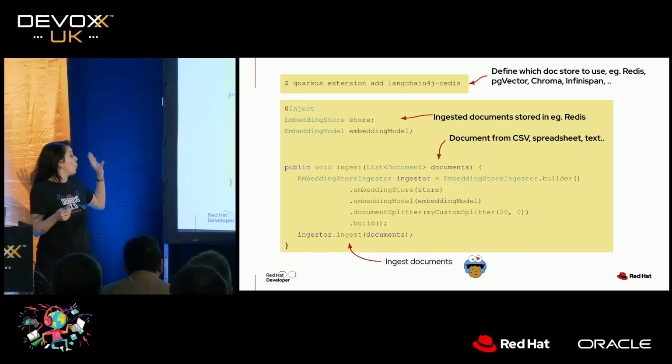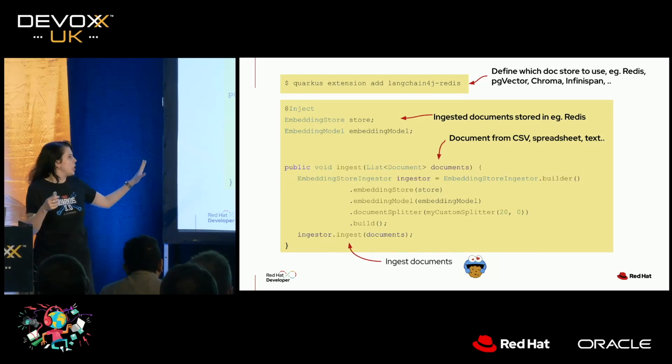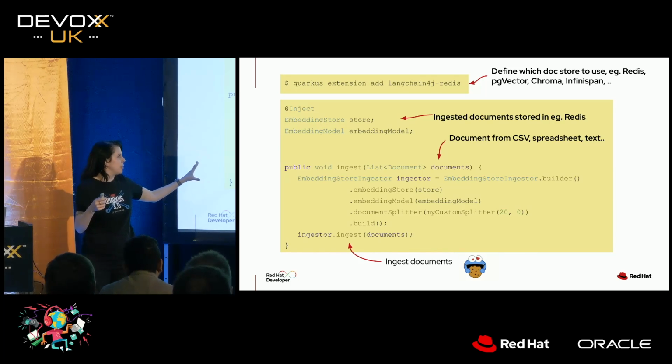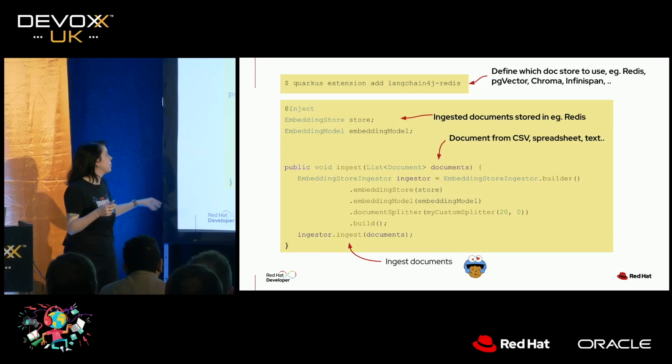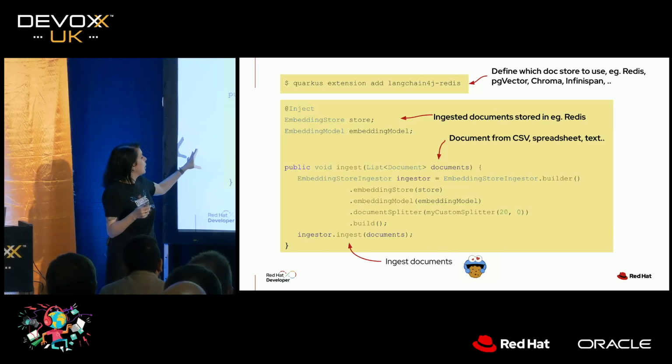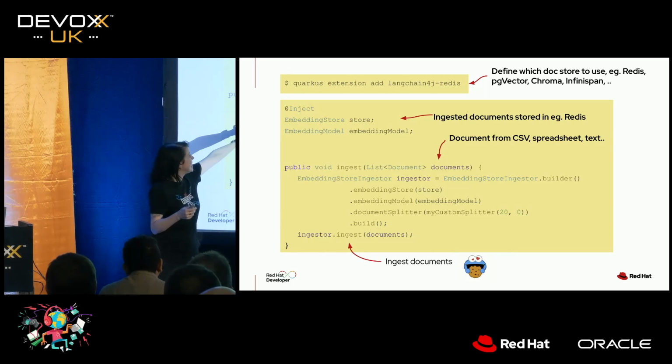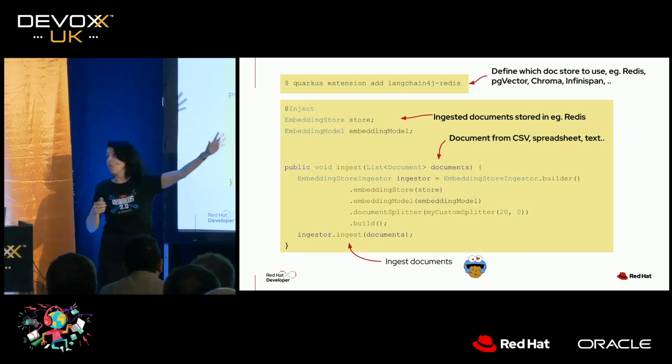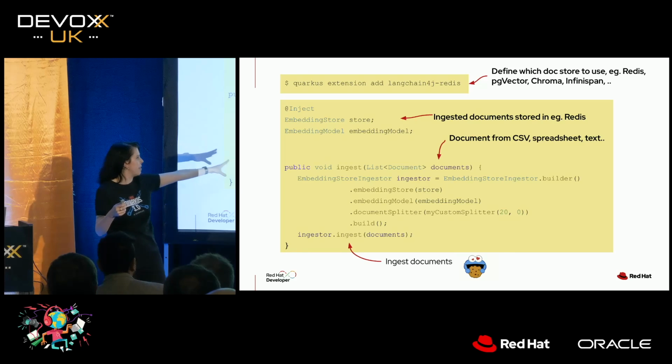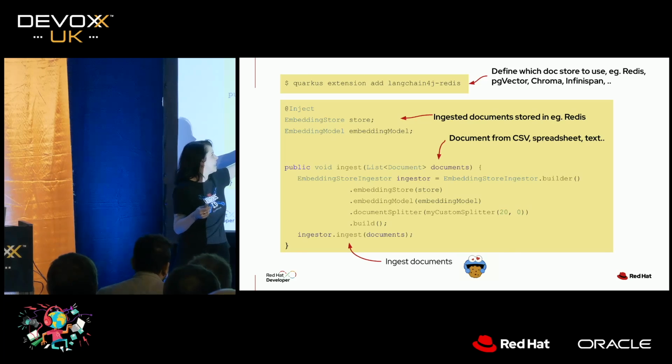So there's various ways to do this. We've worked quite hard to make it as easy as possible with LangChain4j. What you can do is have this ingest step where you pass in your list of documents that you've gotten from a CSV or a spreadsheet or whatever, and then you can pass in some extra parameters.